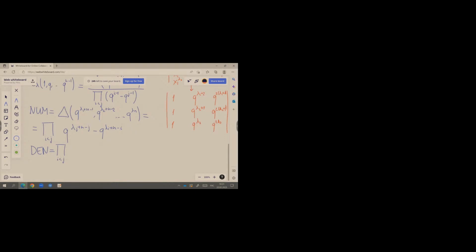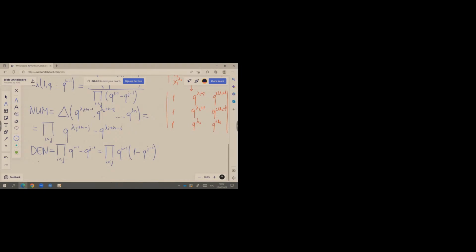For i less than j, q to the power i minus 1 minus q to the power j minus 1. And if i is less than j, I can say that this is the product of q to the power i minus 1 times 1 minus q to the power j minus i, right? For i less than j.